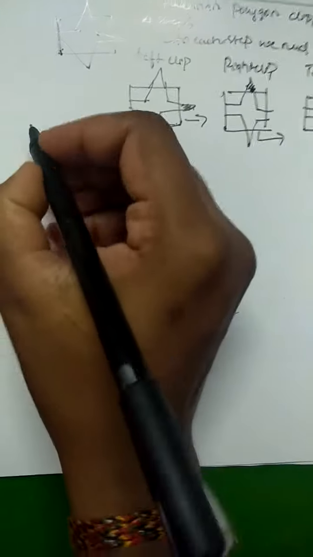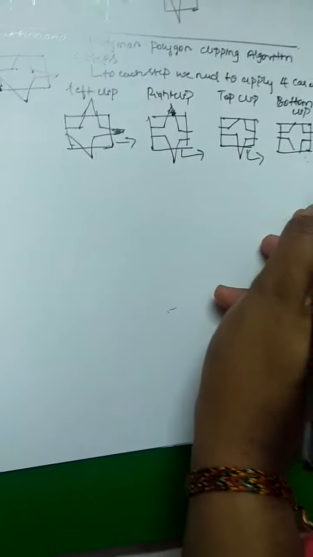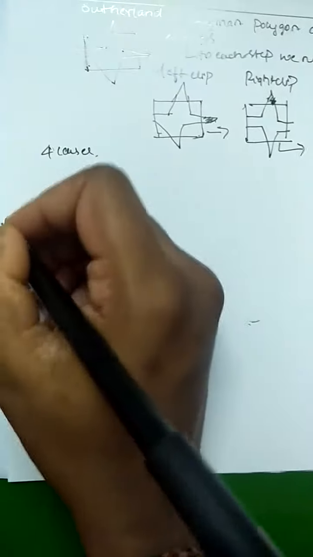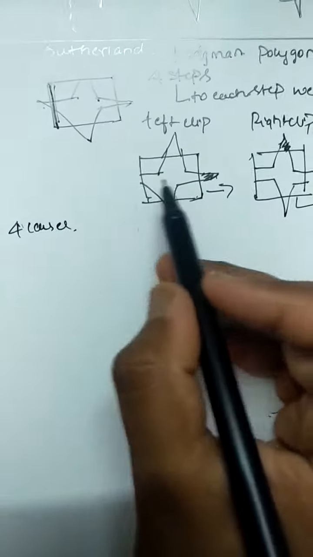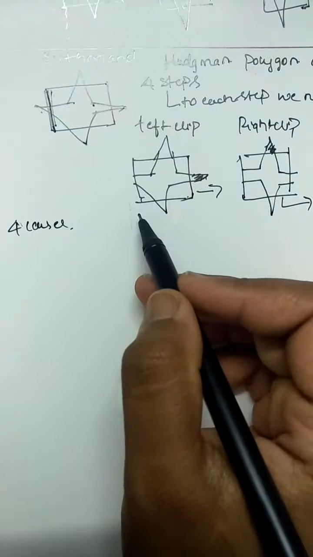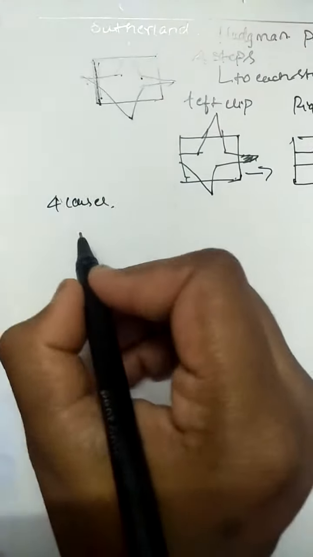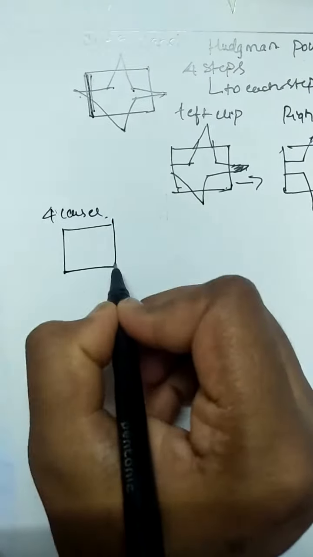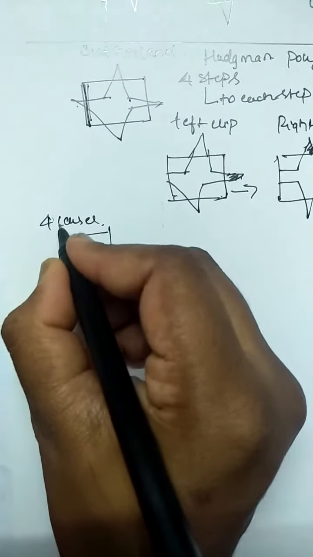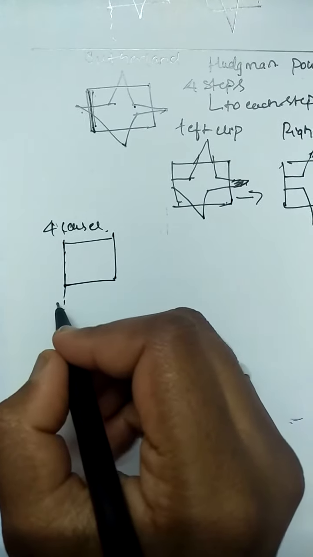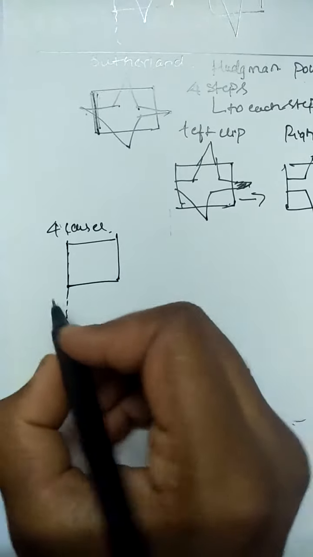So let us look at the cases that we have to apply for each and every step. There are 4 cases. How does the algorithm find that this portion has to be clipped in the left clip, and in the right clip this portion has to be clipped? There's a logic. Let me say it as a case. Consider the window, and with respect to left clip I am just taking a scenario.